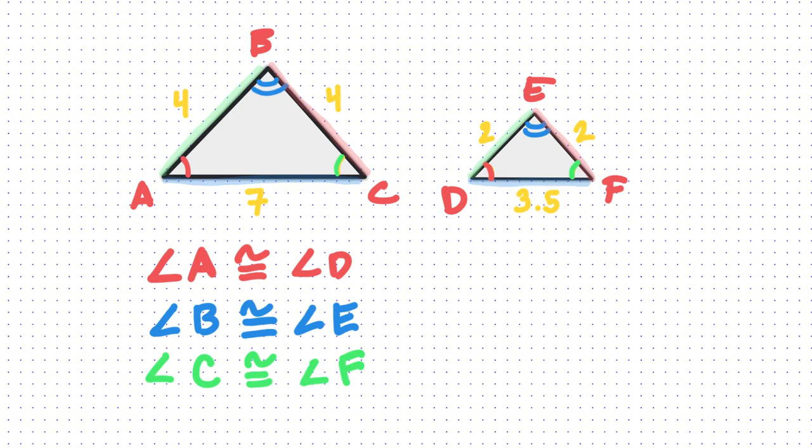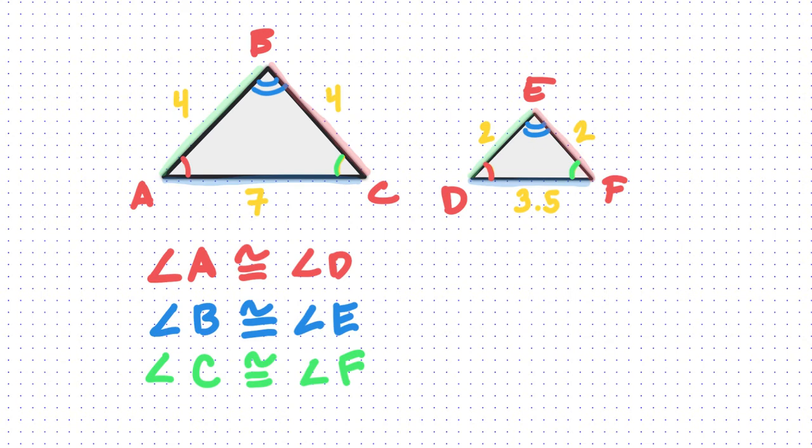Angle F and angle C are both corresponding, and they too share the same number of marks to represent that they are also congruent. Now, angle B and angle E both have 2 marks, representing that they are both congruent to one another, but also not congruent to angle A, C, D, or F. So in this example, we proved that all of our angles are in fact congruent.